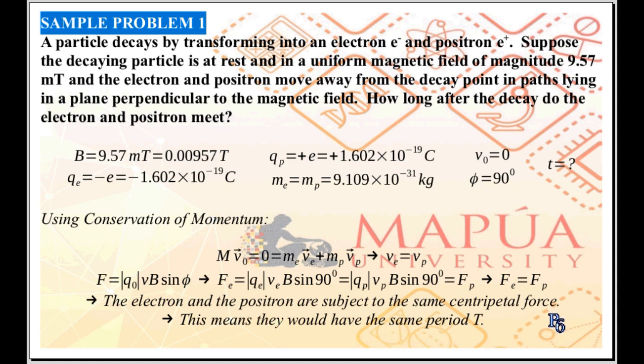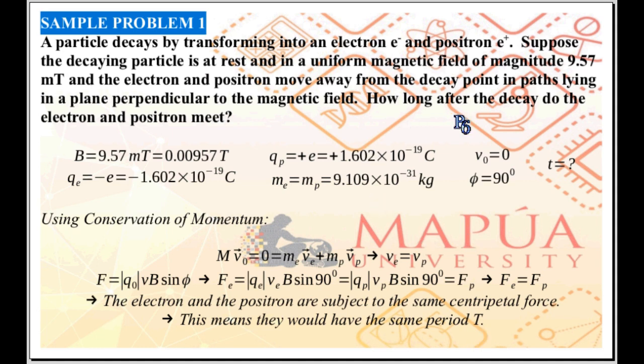They will take the same circular path as they undergo uniform circular motion. Since they are moving away from each other, they are basically moving in the same circular path but opposite direction, which means they would have the same period of the circular motion.